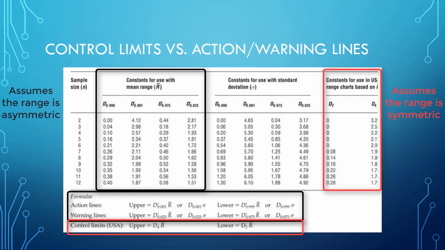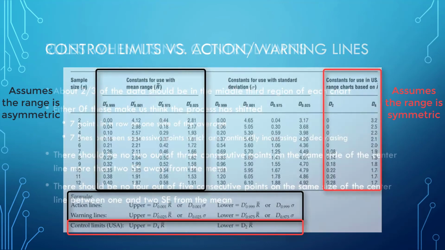I firmly recommend that you look at this chart pretty seriously and make sure that you understand why the numbers differ in the way that they differ in this chart, paying attention to when you think the range is symmetric versus when you think it is not symmetric.